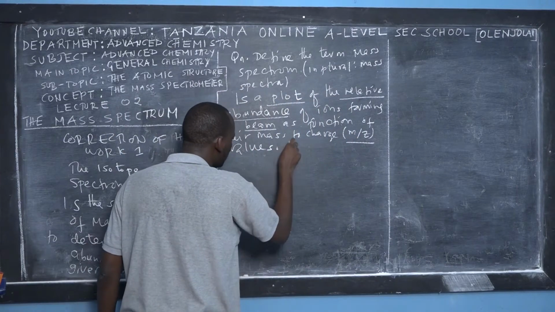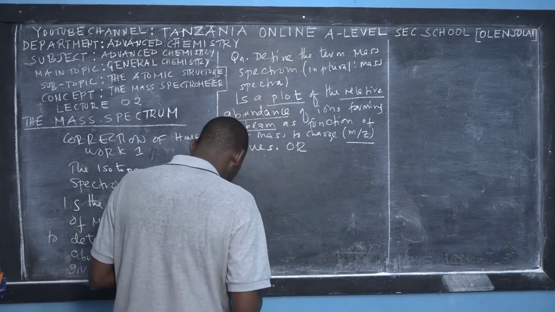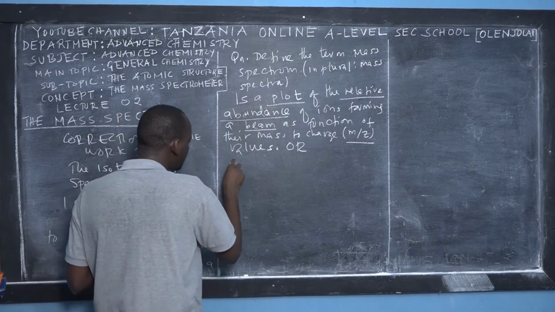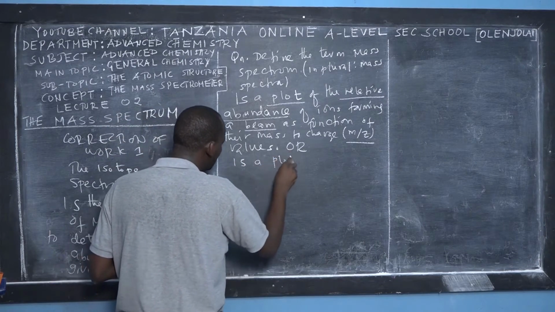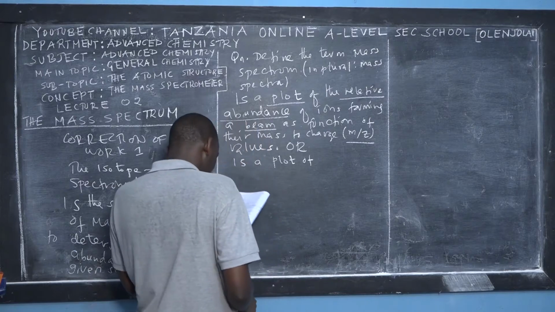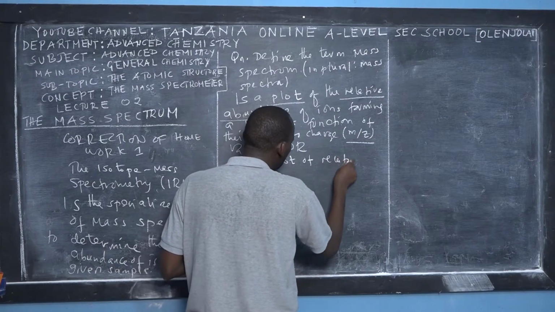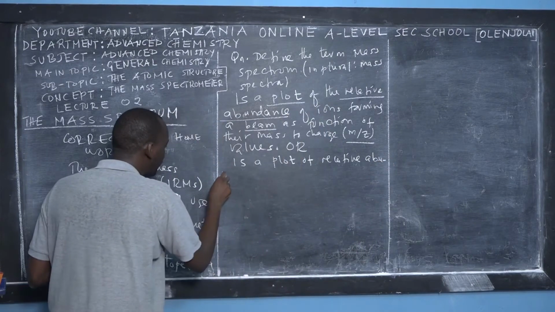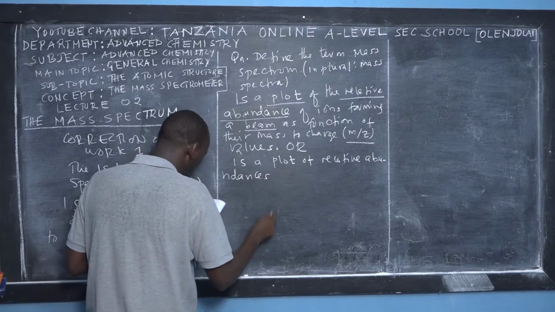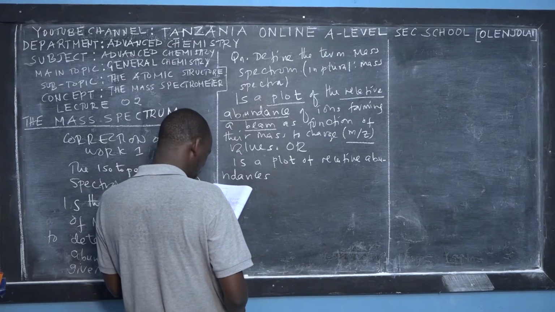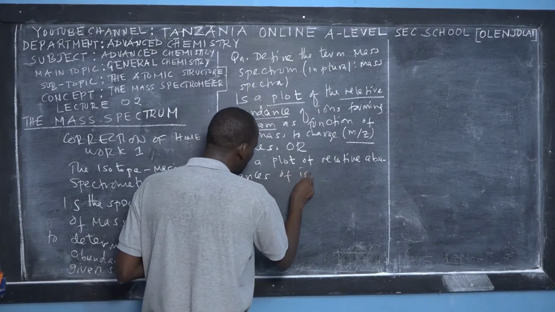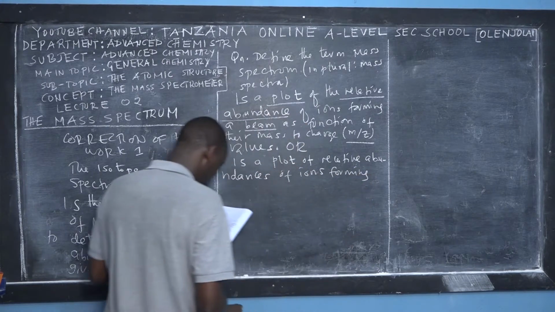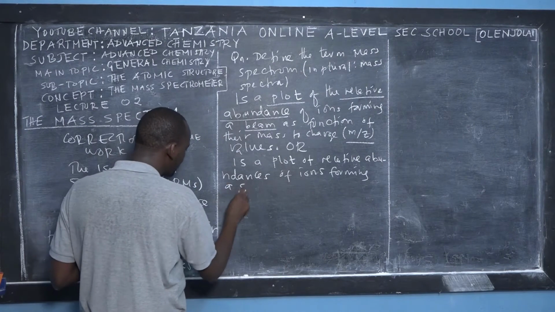Or some references define the mass spectrum as a plot of relative abundances of ions forming a stream versus their mass to charge ratio values.